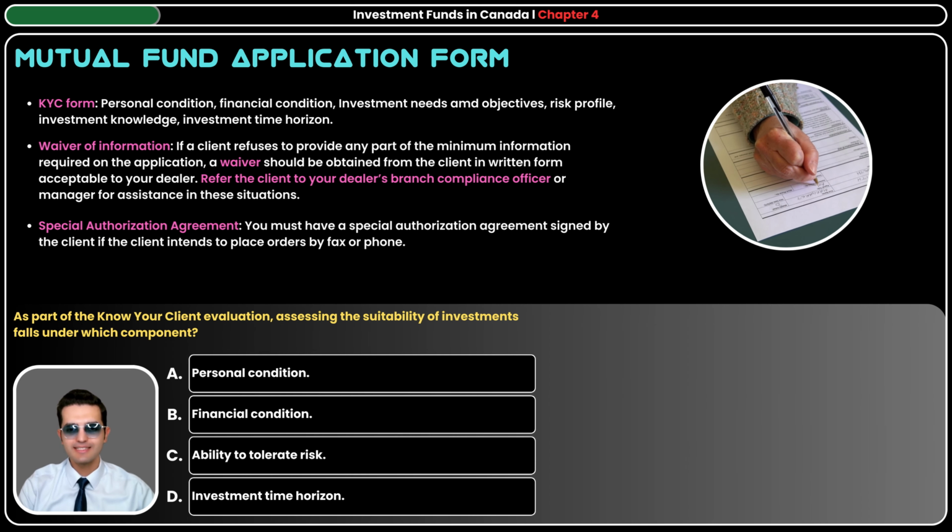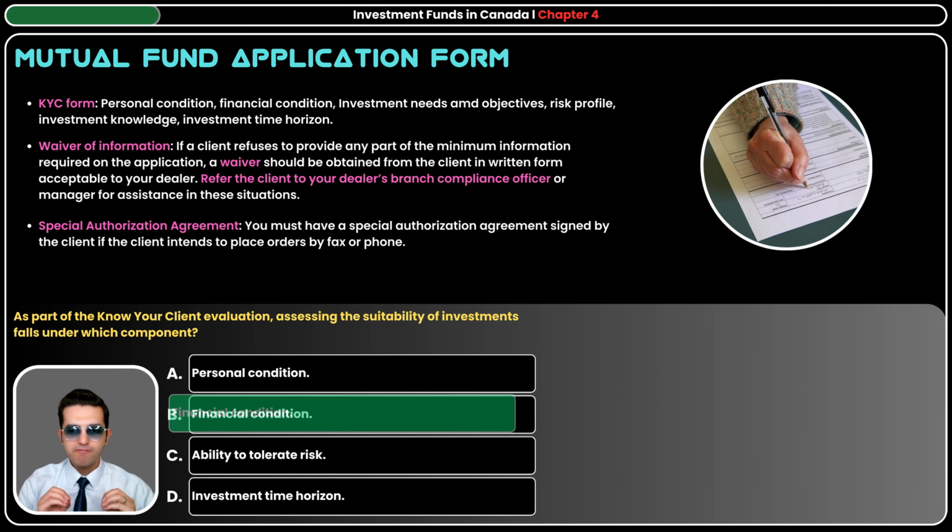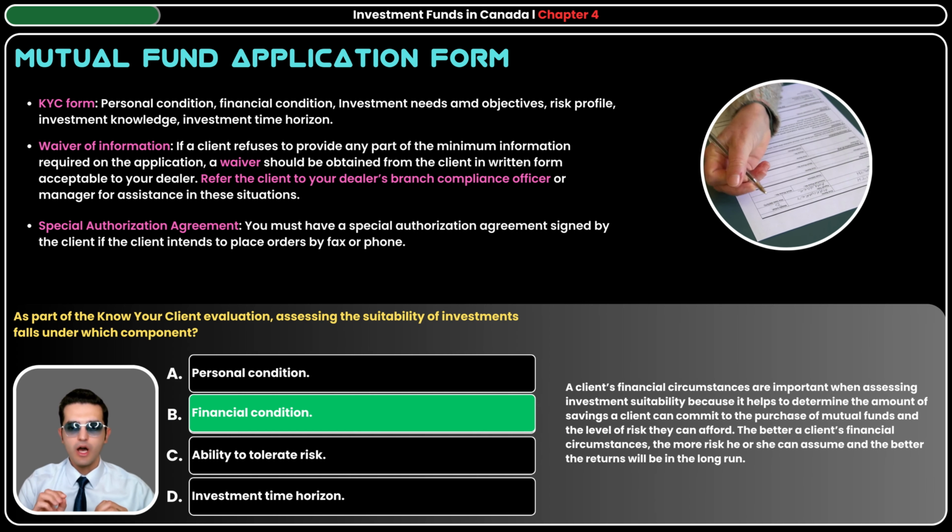the text says that financial condition, so option B, is where suitability of an investment falls, because financial condition includes the income, the assets, the liabilities.